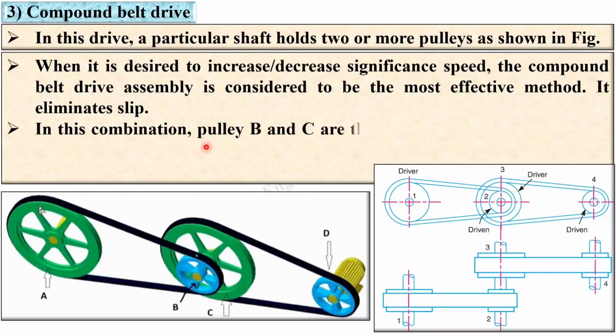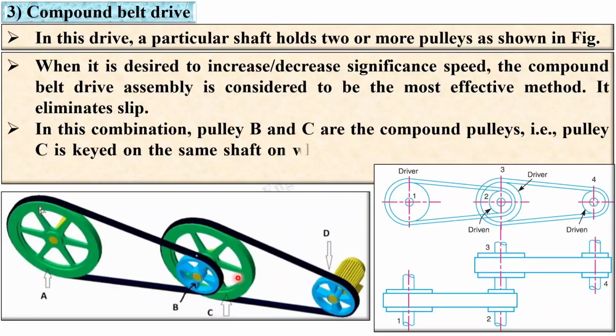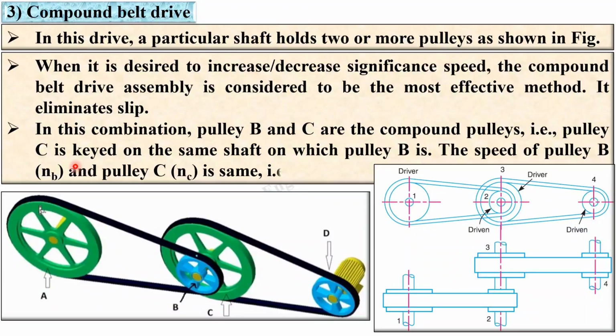In this combination, pulleys B and C are the compound pulleys. That means pulley C is keyed on the same shaft on which pulley B is mounted. So both pulleys are mounted on the same shaft with keys. That means both have the same RPM.